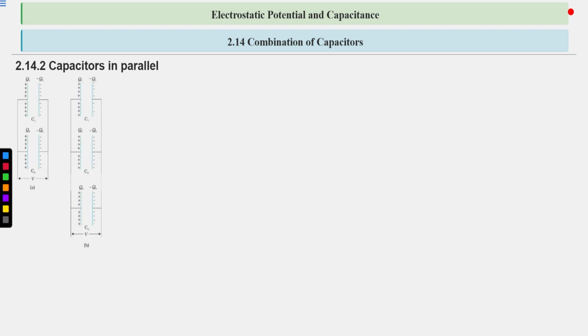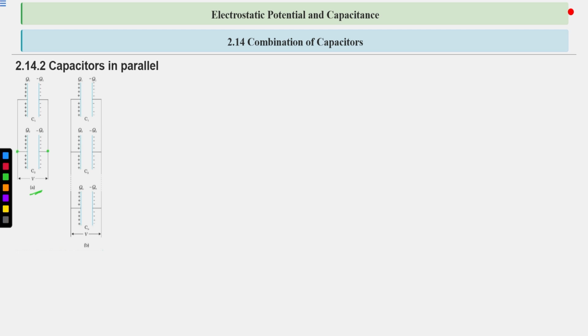So, capacitors in parallel. This is the diagram for capacitors in parallel. There are two capacitors connected in parallel. So what is a parallel combination? When one plate of all the capacitors is connected at one common point, and the other plate of all the capacitors is connected at another common point.